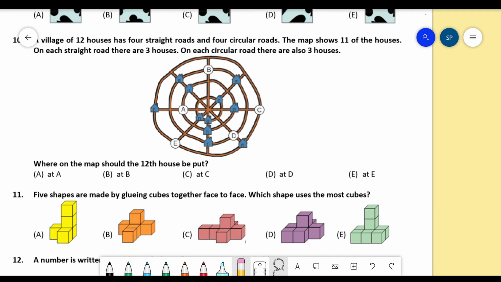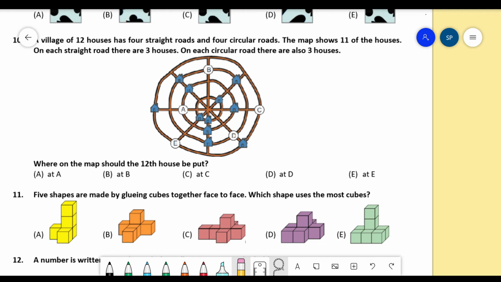So if we put a house at A, somewhere like right there, the H is for house, then this straight road with A and C would have 3 houses. But that means this outer ring does not have 3 houses.